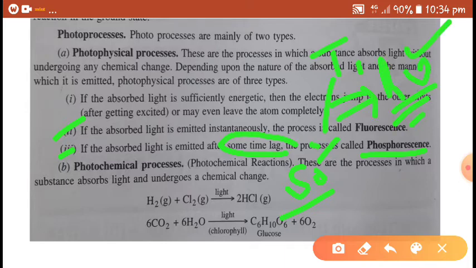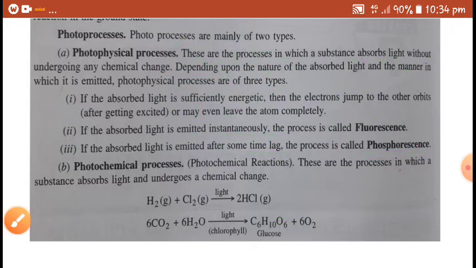It is an intersystem crossing like T1 to S0 in the form of radiation. That is phosphorescence. Fluorescence, phosphorescence and the photoelectric effect are all physical processes, not chemical processes.